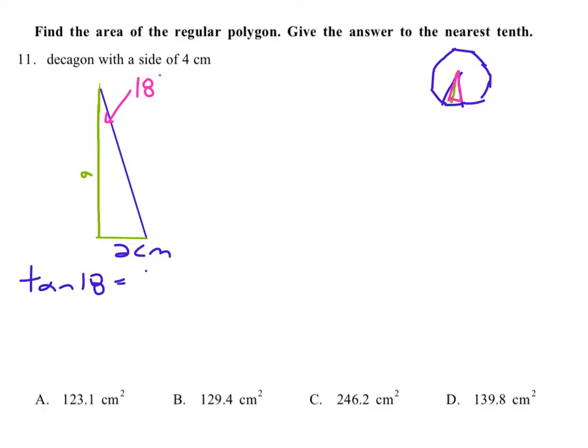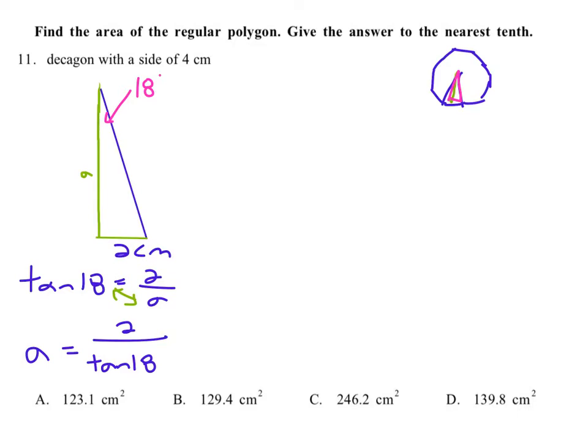Tangent of 18 degrees equals opposite over the adjacent, in this case, the apothem length. Okay, and we know our rule that allows us to switch these. So then we can say the apothem length is equal to 2 divided by tangent of 18.